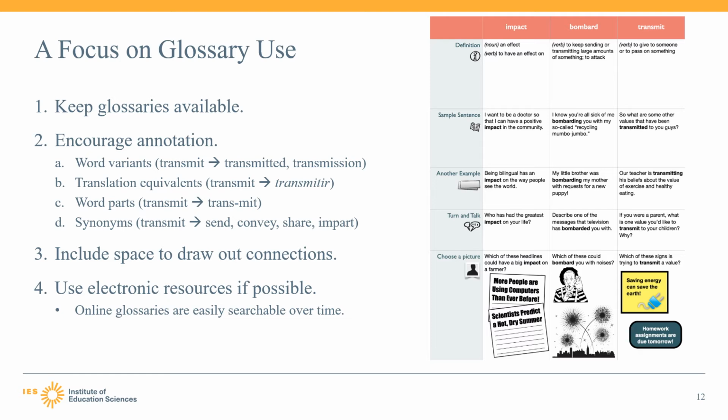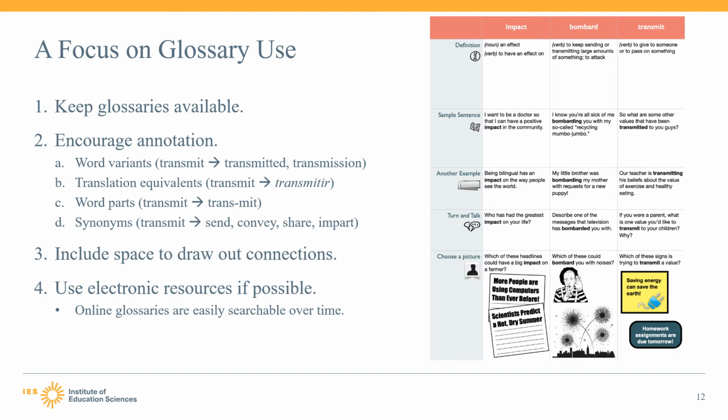So even though it doesn't seem immediately that impact and bombard and transmit are related in some kind of semantic deep meaning sense, you could imagine how impact and bombard often come together in texts that might be about some kind of difficult situation that involves some aggression on the part of a nation state or something like this, where there are connections that you might draw and that students might draw across their vocabulary words, and not just with a single lesson's glossary, but across the glossaries that they develop for your different lessons and units.